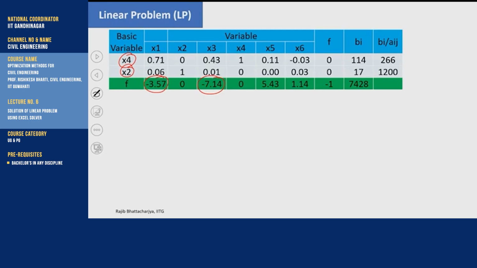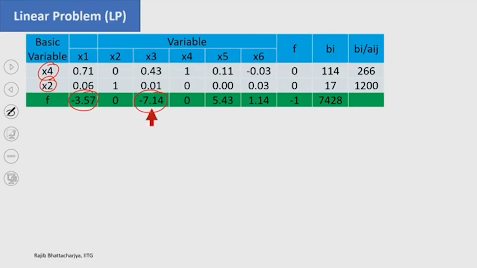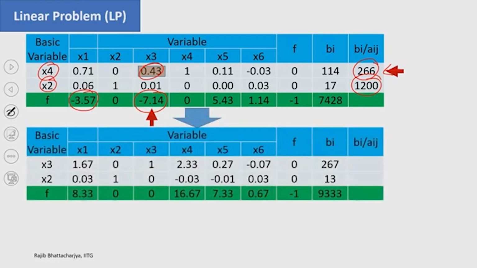Therefore, I will consider the minimum negative, so here it is minus 7.14. Let me calculate the b by a i j ratio. This is 266 and this is 1200. Okay. So, therefore, this is the minimum one. So, what you have to do? This will be the pivoting element. Okay. So, then let us go to the next table.